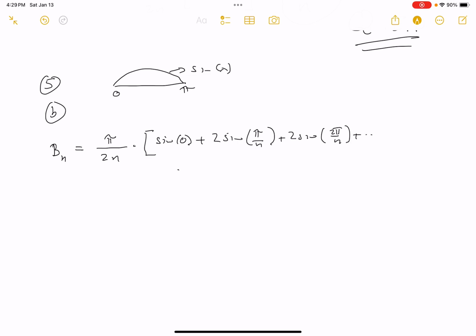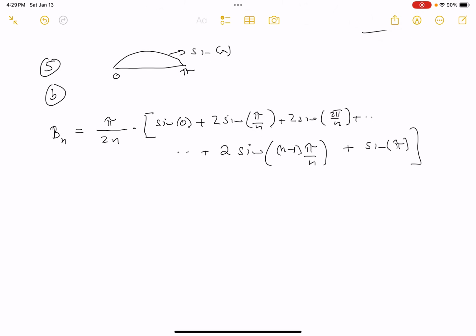And the next one will be 2 times something. Eventually it stops doing the 2 at some point, and that's going to be sine of n minus 1 pi over n. This is 1 before the end, by the way. And then there's going to be this n value, which is sine of pi.